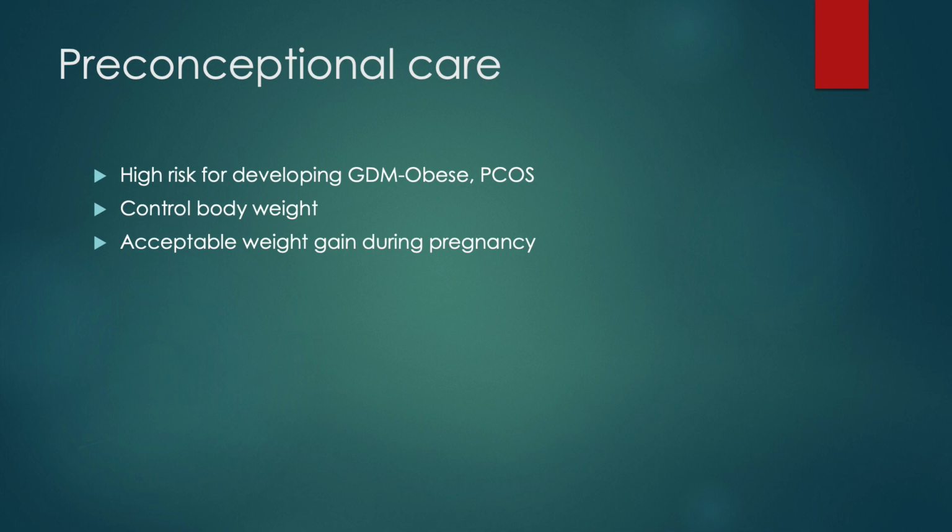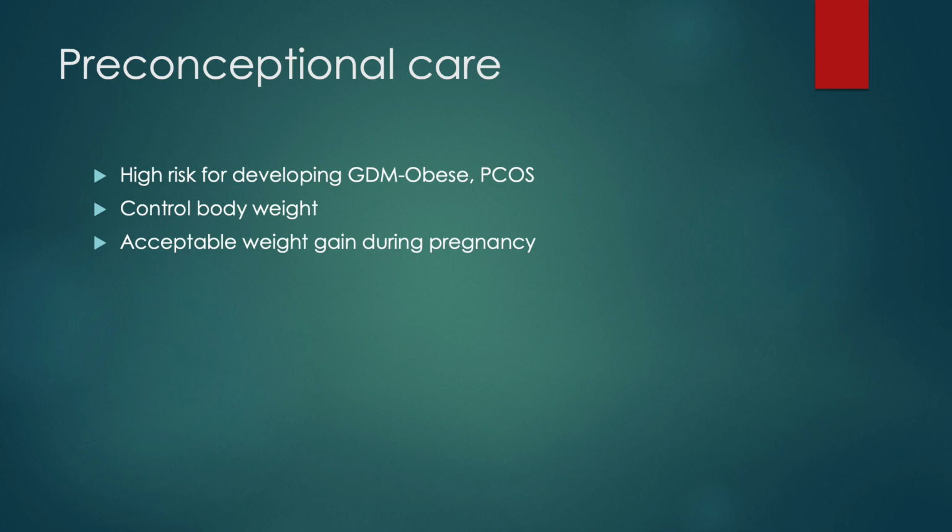In an overweight woman, that is between 23 and 27.5, the accepted weight gain is about 10 to 12 kg. And if she is obese, that is BMI more than 27.5 and up to 31, then the accepted weight gain is only 8 to 10 kg.